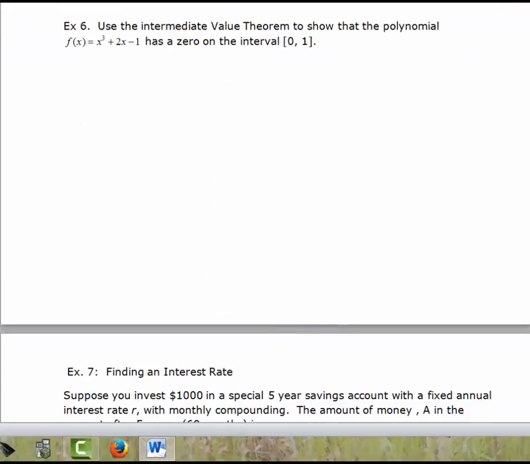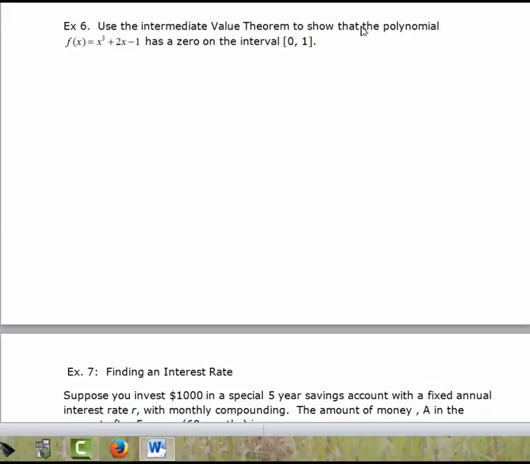We have a function here. We want to use the intermediate value theorem to show that the polynomial f of x equals x cubed plus 2x minus 1 has a 0, or x-intercept, on the interval from 0 to 1.